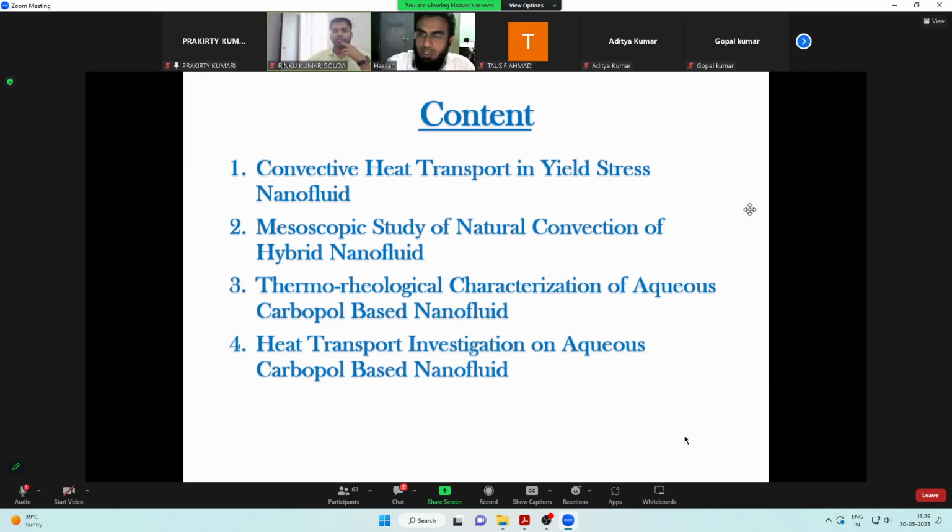The colloidal solution of the topical medicines that we use on the skin could be a suspension of nanoparticles and medicine in nano form, and some base material. Those base materials primarily consist of water, and sometimes carbopol powders are mixed into them in a very small quantity to enhance their viscosity, to enhance their stickability on the surface, because the topical medicine we want to stick on the surface.